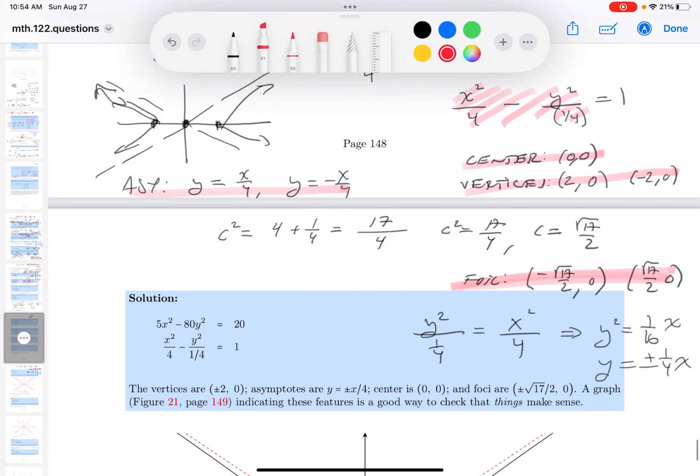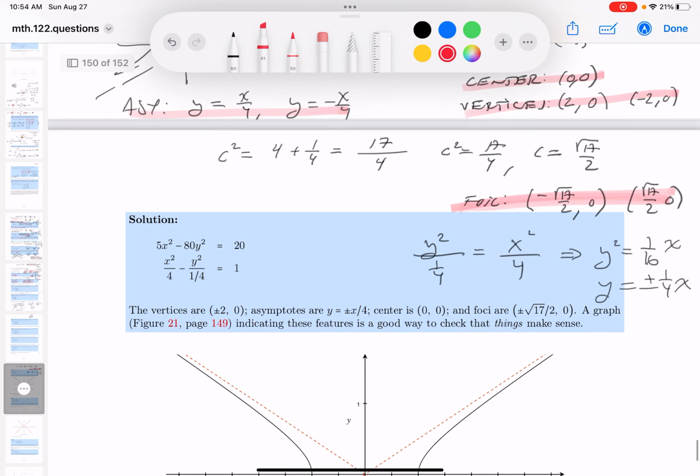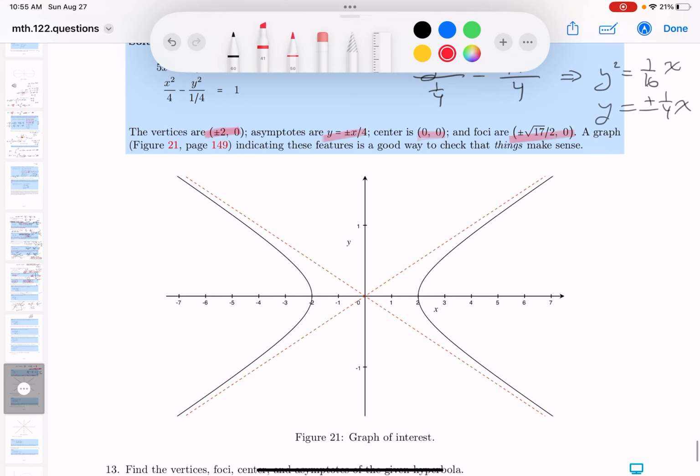Let's grade it. And let's take a look at it. Vertices, got that. Asymptotes, got that. Center, got that. Foci, got that.